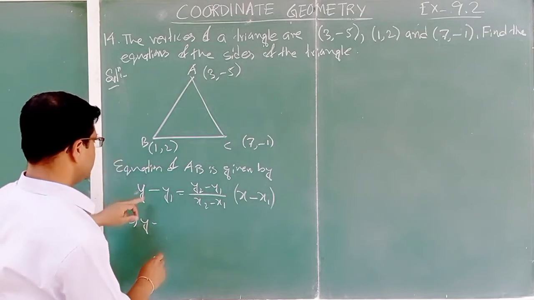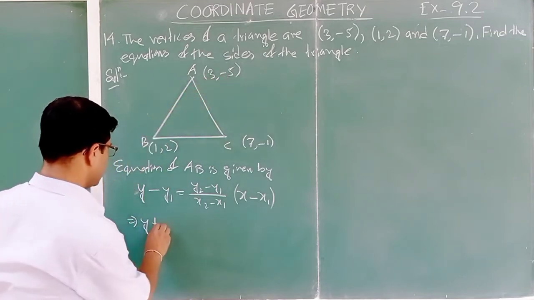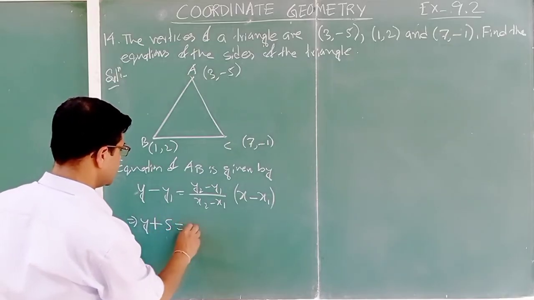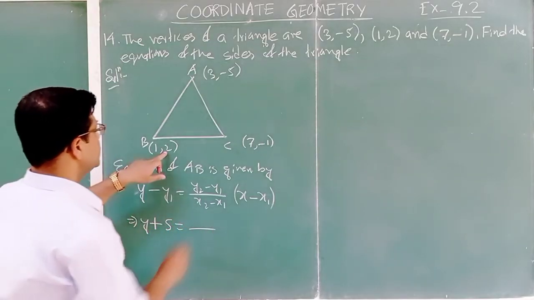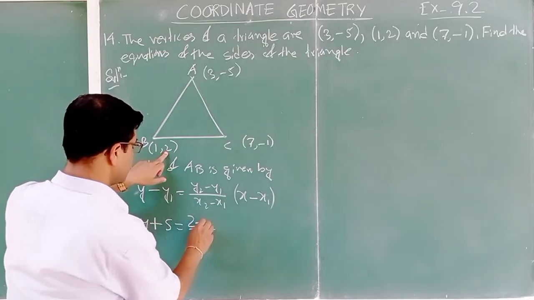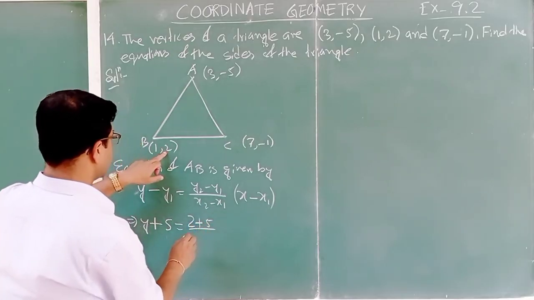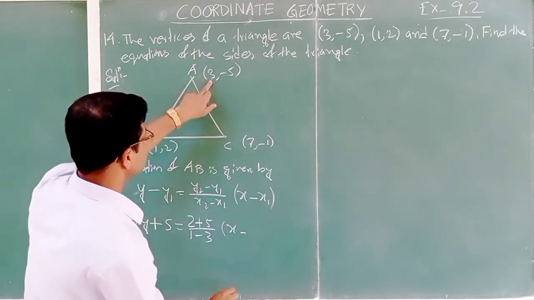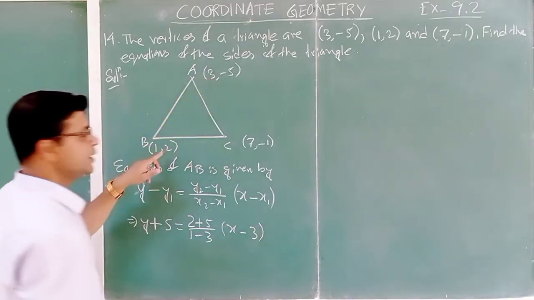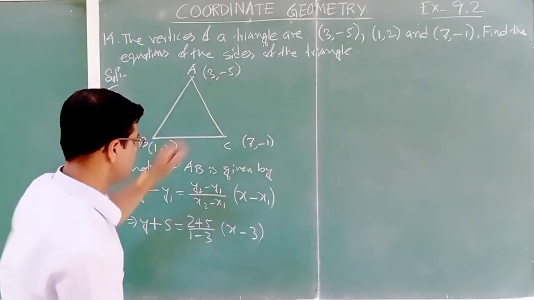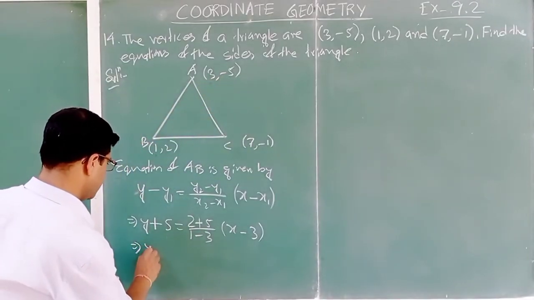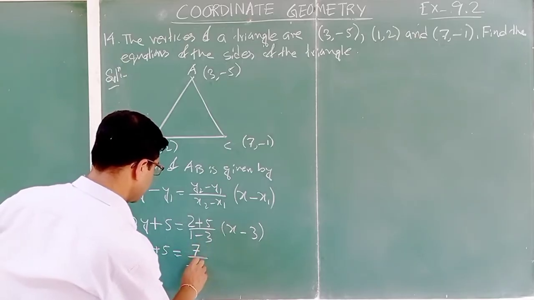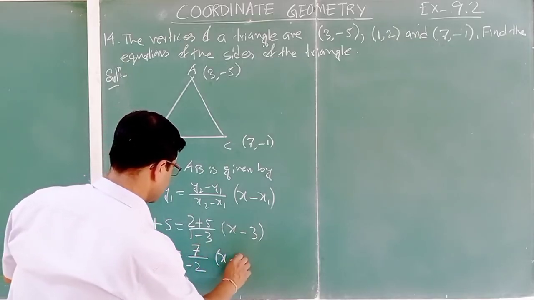So y minus y1, this y1 is -5, so it will be +5 here, because minus minus is plus. y2 minus y1 is 2 minus of -5, that is +5, then x2 is 1, minus 3, times x minus x1, which is 3. But you can take this one as x1 y1 and that as x2 y2, no problem at all. So this is y plus 5 equals 7 by -2, times x minus 3, correct?